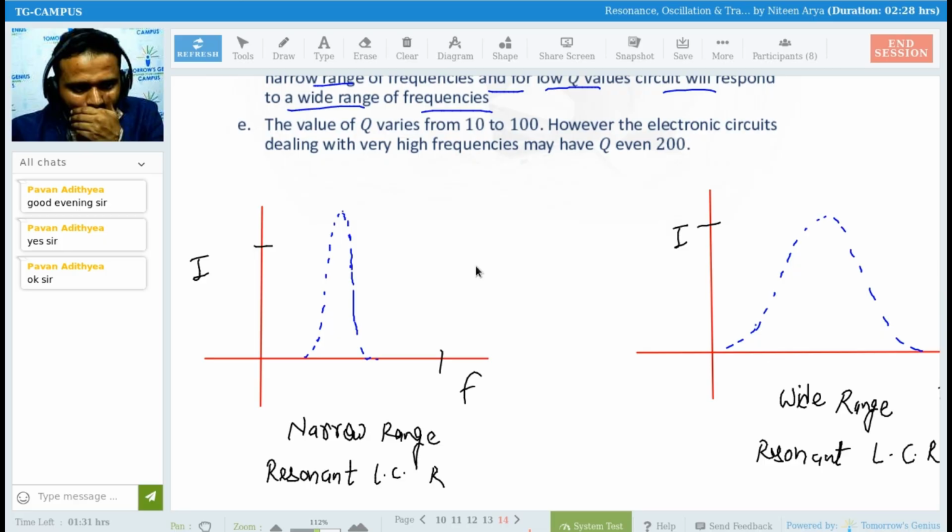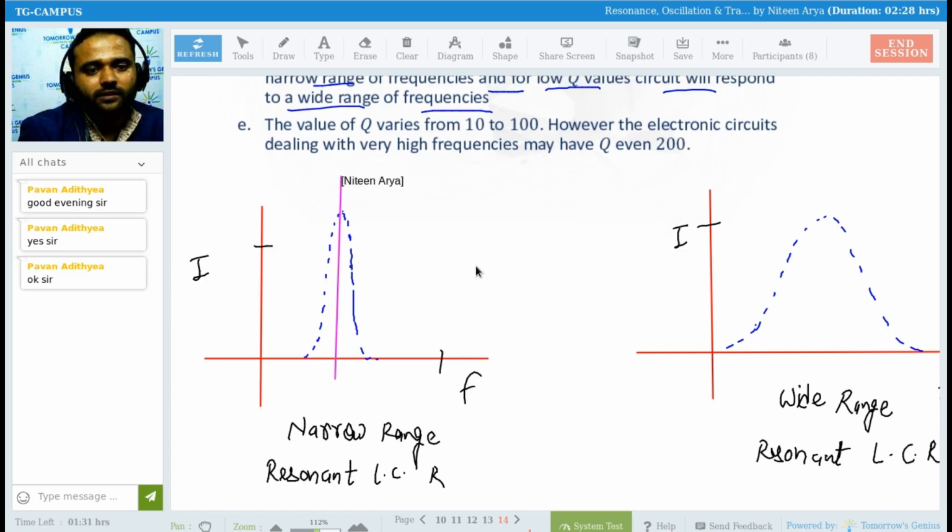As you can see here, the frequency range is very low, only this much is the range. Here you can see the range is very wide. Clear, everyone?